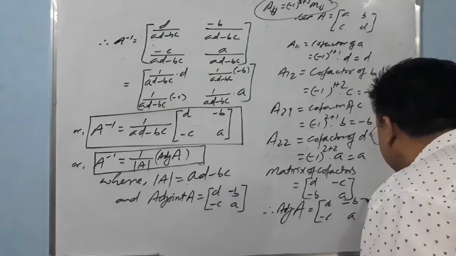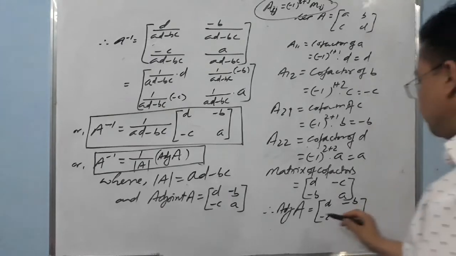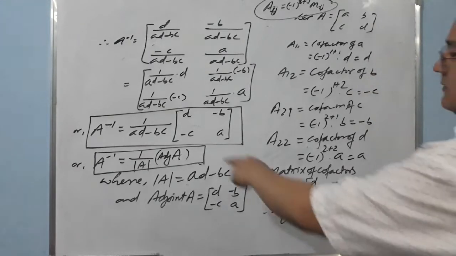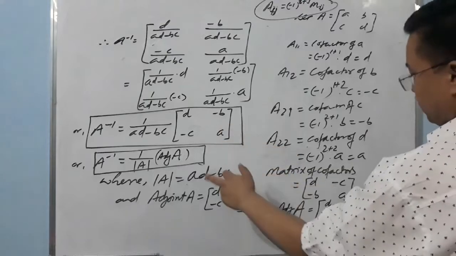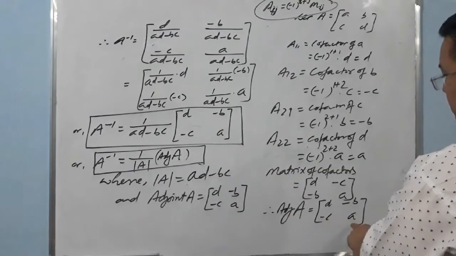So this is your adjoint A: D, minus B, minus C, A.